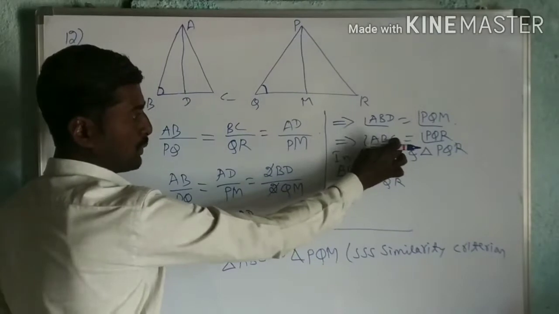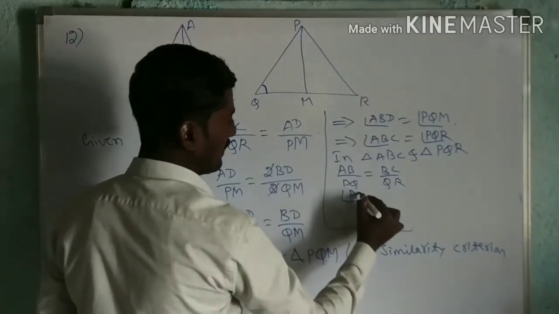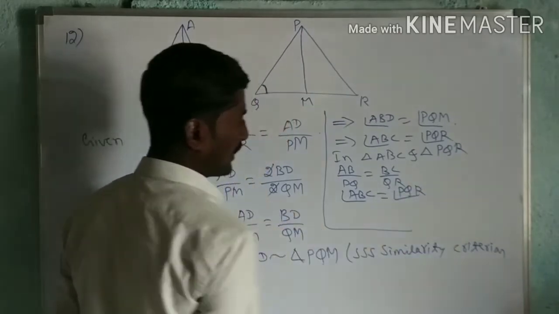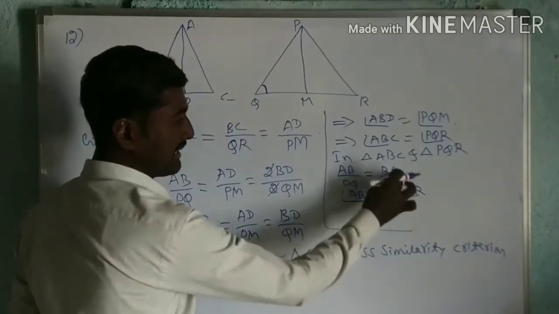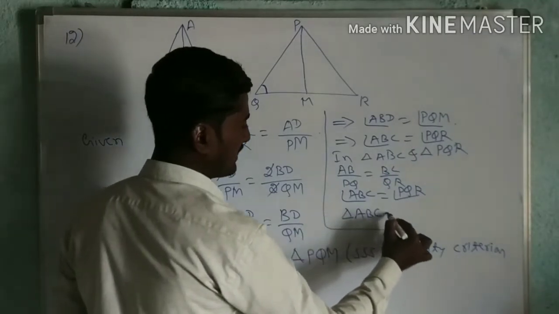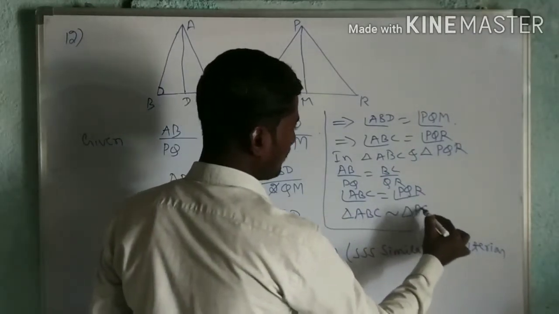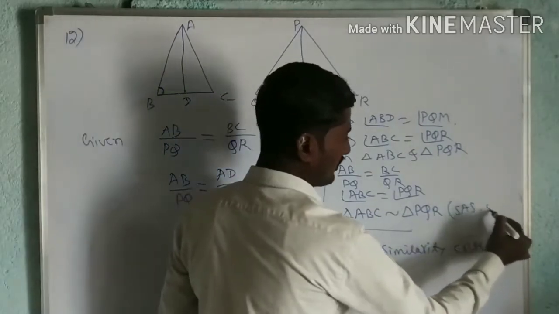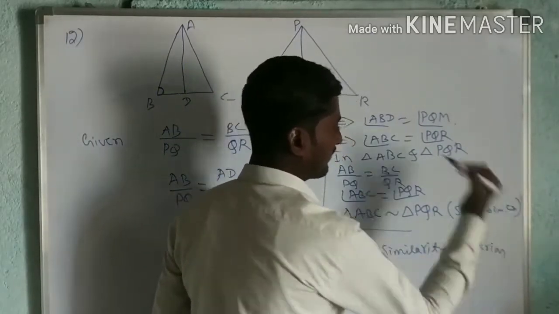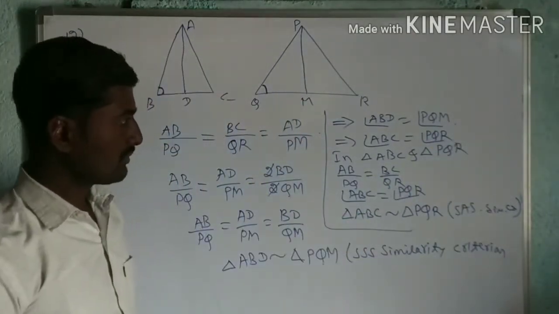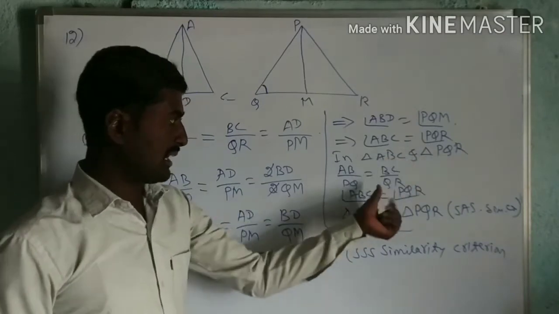Then another I already proved here, that is angle ABC is equal to angle PQR. Now I got SAS. So therefore triangle ABC is similar to triangle PQR, because of the SAS similarity criterion. Hence we proved it.